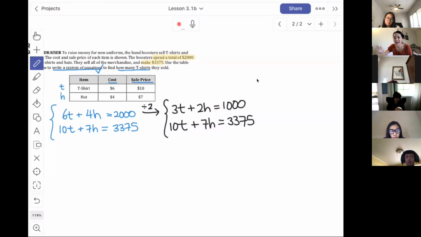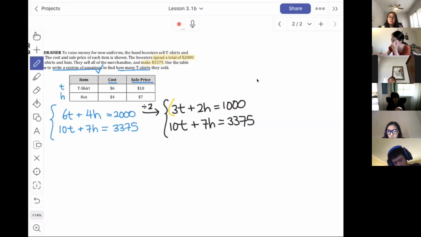So I actually have to multiply both the top and bottom equations to get the coefficients to be opposites. The reason we need them to be opposites is because that's what eliminates a variable. So I need to choose a variable first, either t or h. I'm going to choose h to eliminate because 2 and 7 have a multiple of 14, which is less than the common multiple of 3 and 10. So h is just a lot easier.